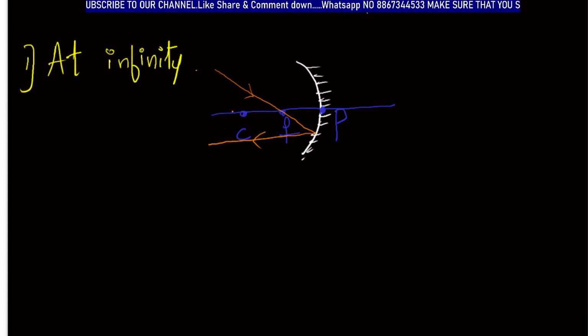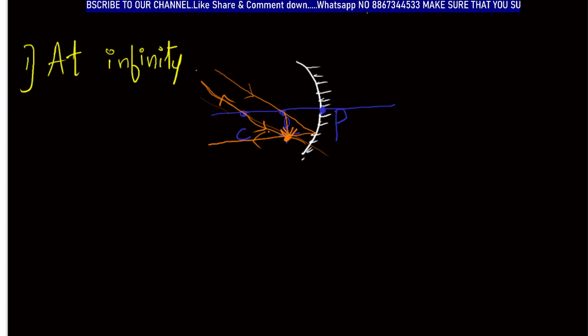We have to be very careful when we draw these ray diagrams, because if we draw it correctly, we will get the exact place where the image is formed. Whenever a ray passes through the center of curvature, it passes back in the same direction. So at the intersection of the 2 rays, we will see an image. This is the intersection place, that is at F. So this is the image formed.